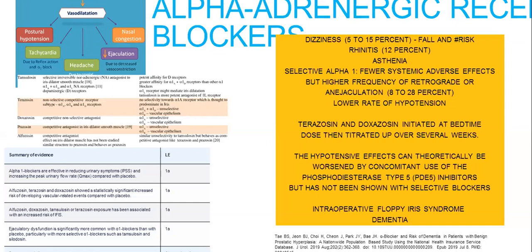And then in previous years, there was a concern linking dementia with alpha blockers. But recently in 2020, a study examined the possible association between the use of tamsulosin and cognitive decline in males with mild to moderate LUTS.